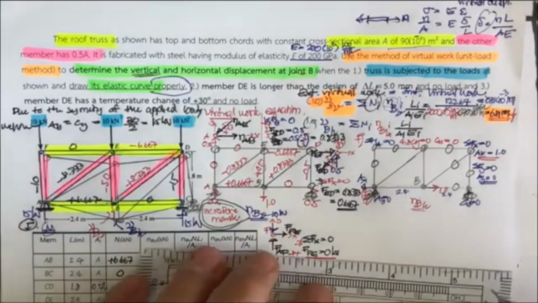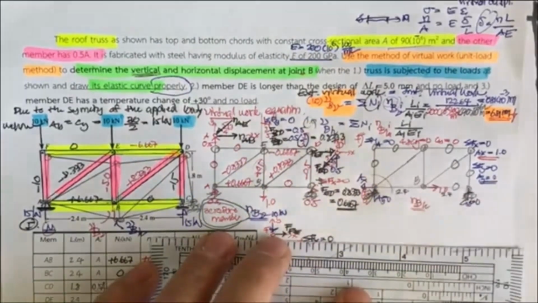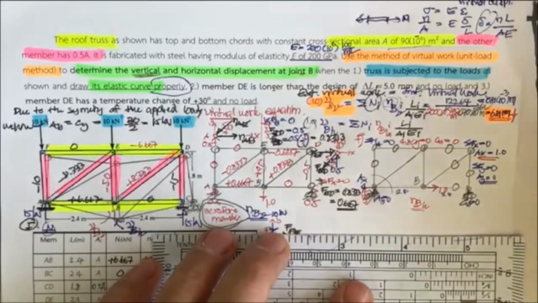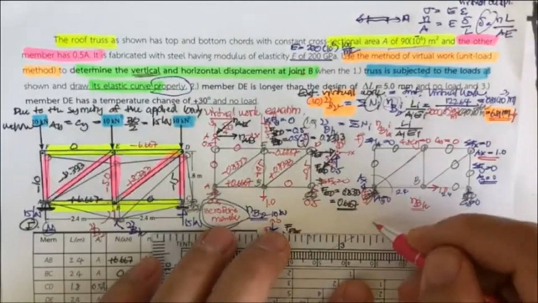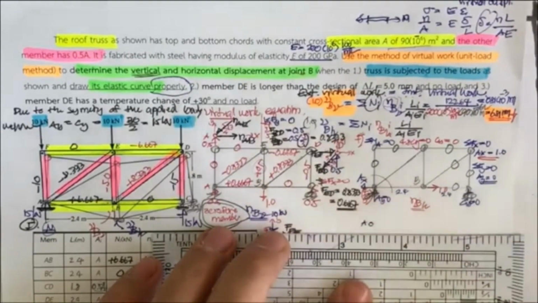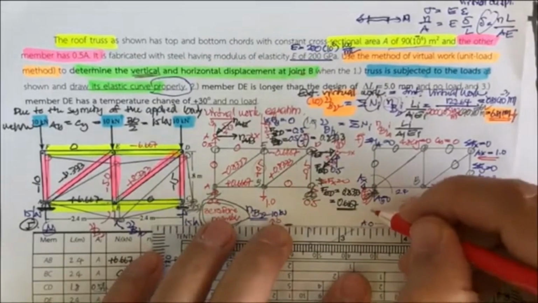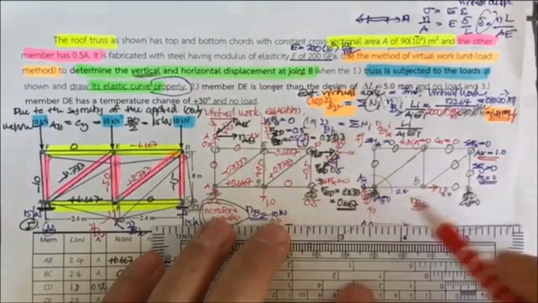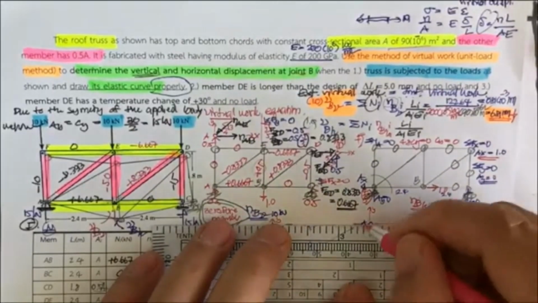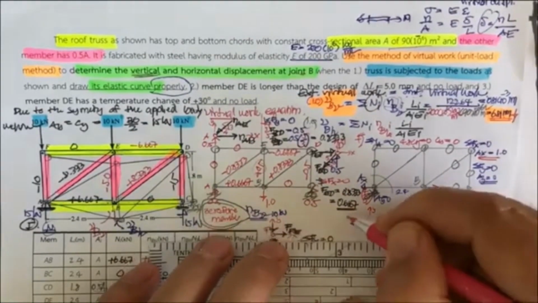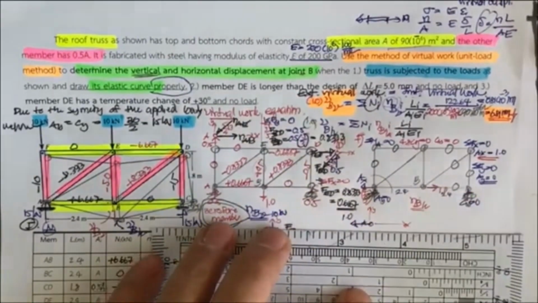And now, just draw the free body diagram of this joist. Let's see, this is the A. We have this one for the X, this one for the Y. We have A sub X of 1.0 here.